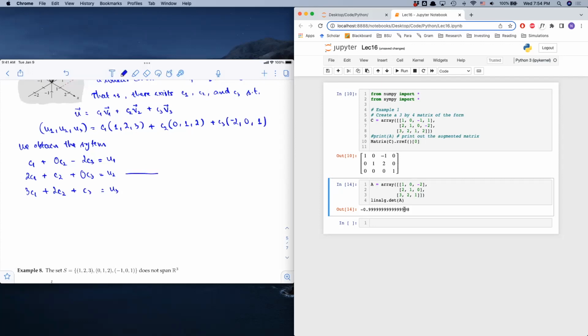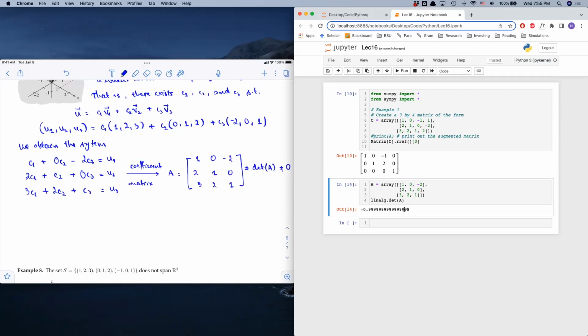So let me write this here. The coefficient matrix is A equal to 1, 0, -2, 2, 1, 0, 3, 2, 1. From here you can calculate the determinant of A using Python, and it showed that the determinant of the coefficient matrix is different from 0.